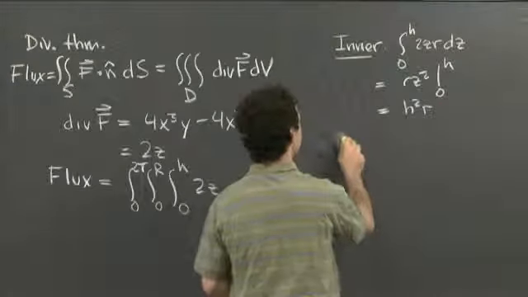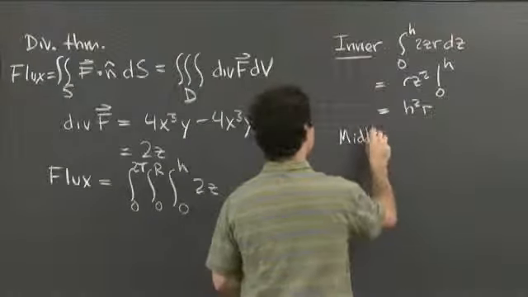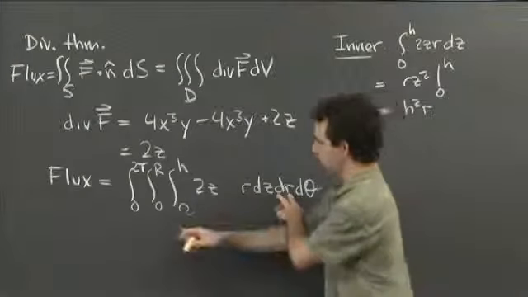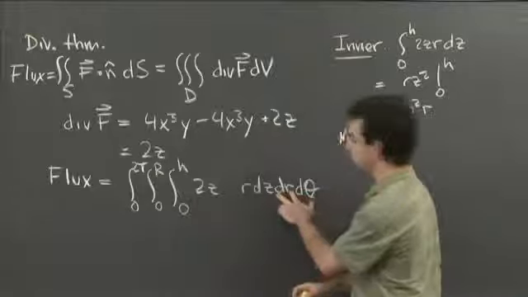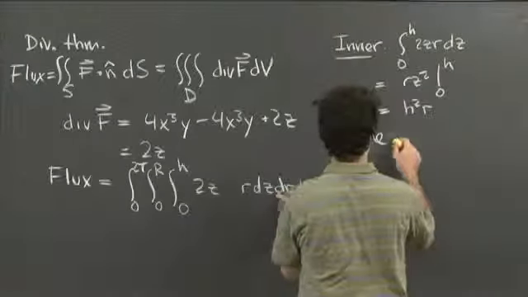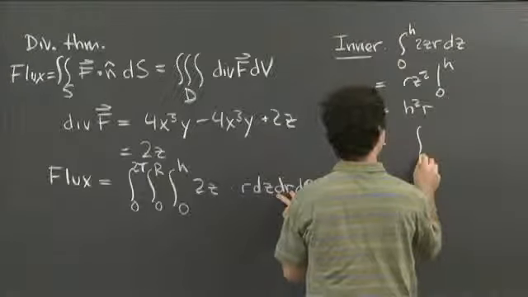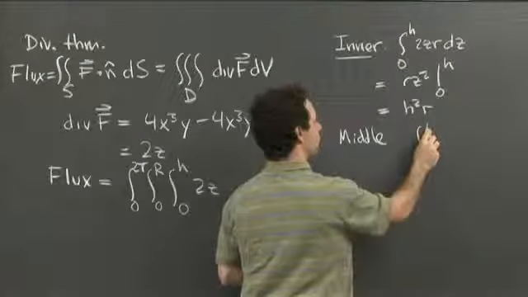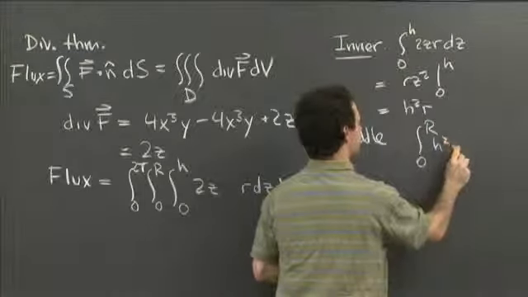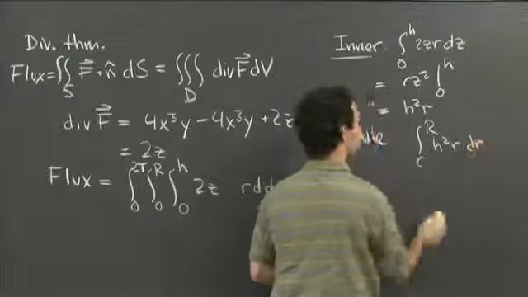OK, so now let's do the middle integral. The middle integral is the integral from 0 to big R of the inner integral, which was h squared little r, d little r.